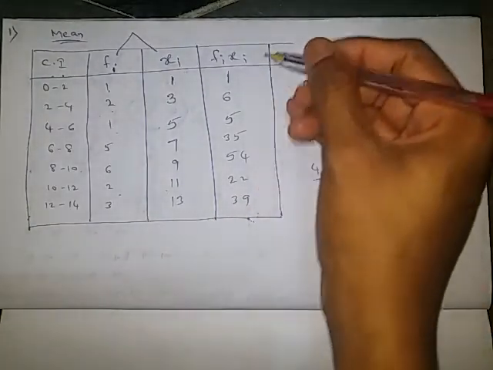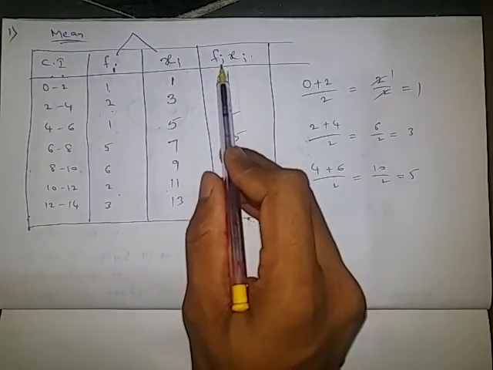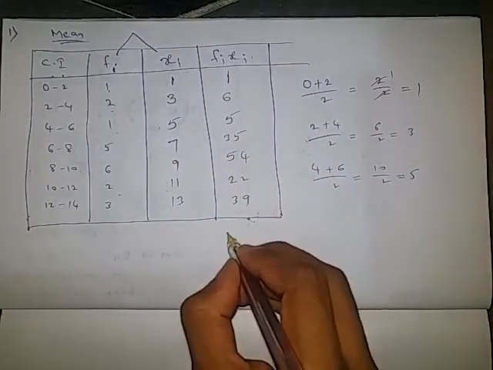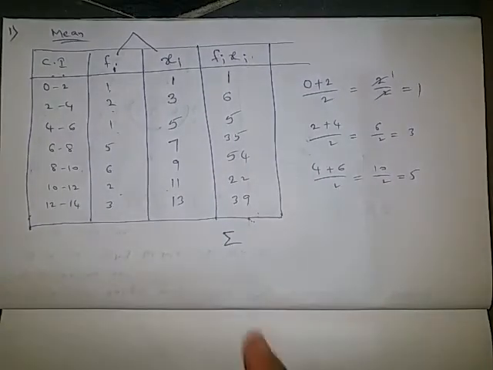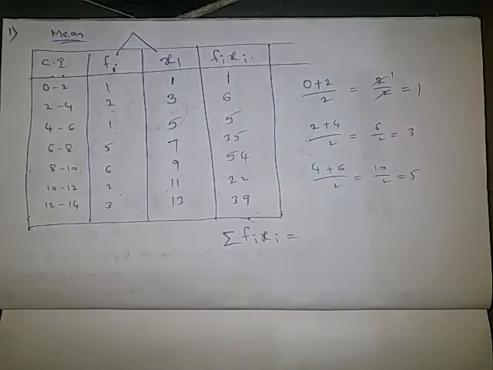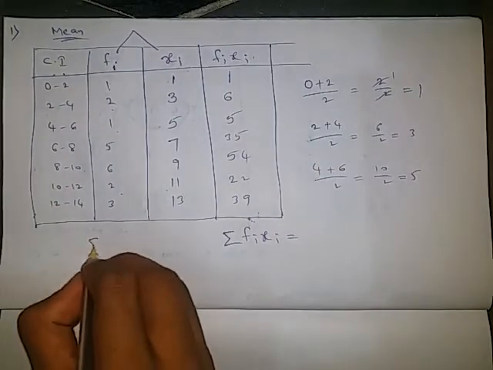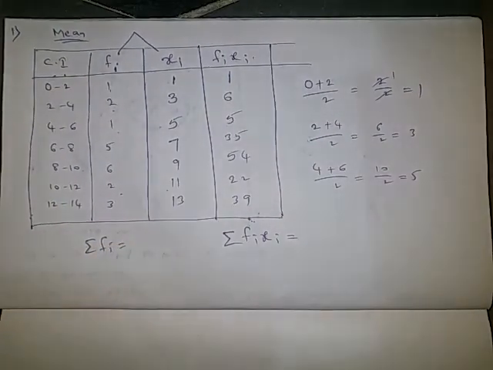Now we need to add all these, that is the summation of Fi xi. Summation is also called sigma. Sigma Fi xi. In the same way we need to add all these frequencies also, that is sigma Fi.